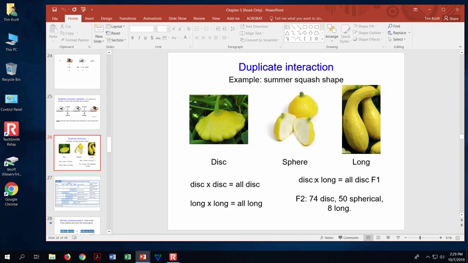1 to 2 to 1 is a lot different than 9 to 6 to 1. Right? It's a small, a medium, a small, bigger, and small, versus big, a little bit smaller, and really tiny here. So when you get anything that adds up to 16, then there's going to be 2 genes involved.